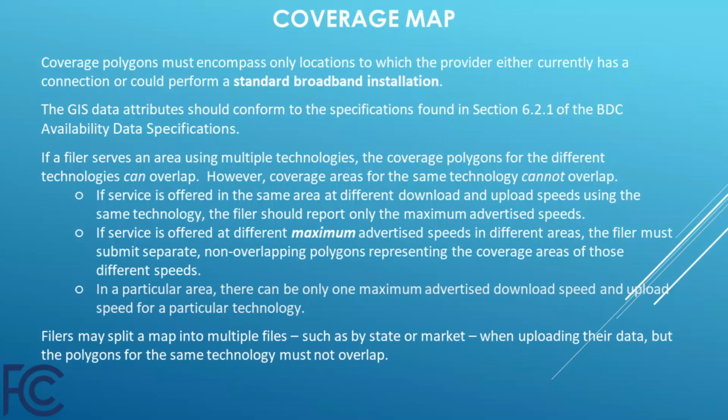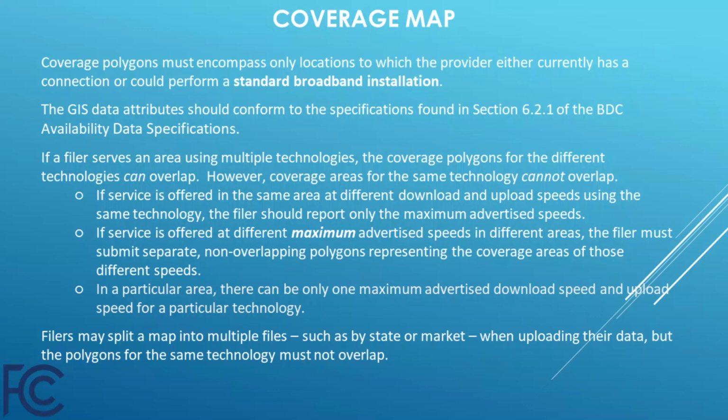When a service provider reports multiple technologies, or when a governmental or third-party entity reports multiple technologies for an individual service provider, the coverage areas for the different technologies can overlap. However, coverage areas for the same technology cannot overlap.